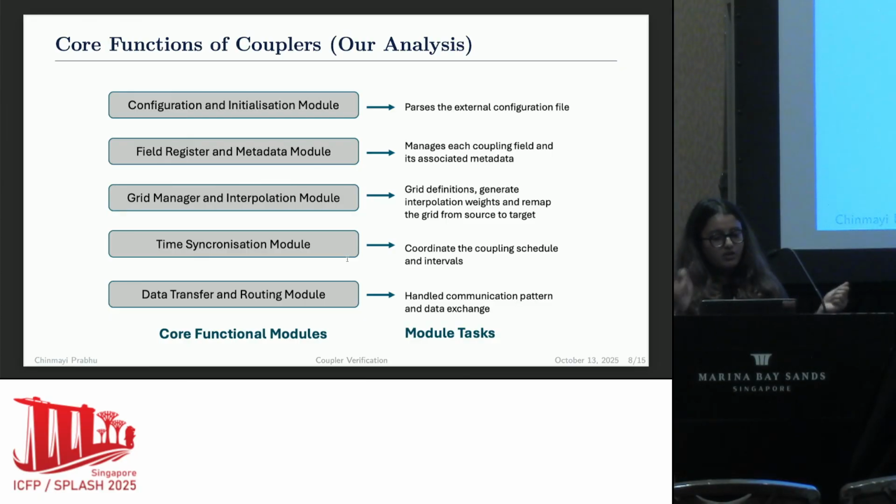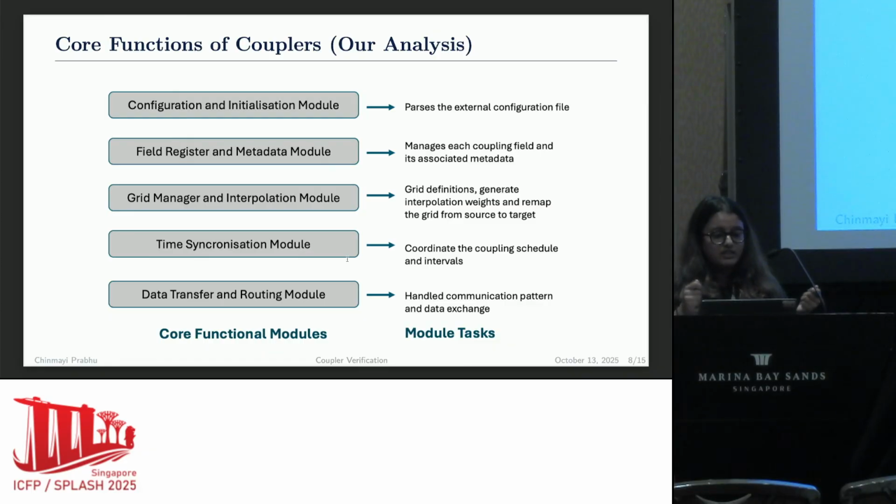For instance, the configuration initialization module parses an external configuration file where you define your source or your target or various data that is included for coupling. And then you have a field registration and metadata module, which manages each coupling field and checks whether it is registered, along with the associated metadata required for the coupling, be it your coupling frequency or timing interval.